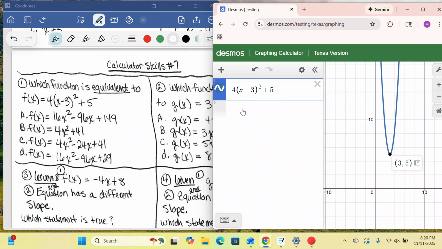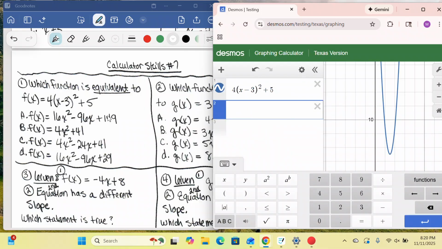So I'm going to input letter choice A: 16x squared minus 96x plus 149. And there it is.